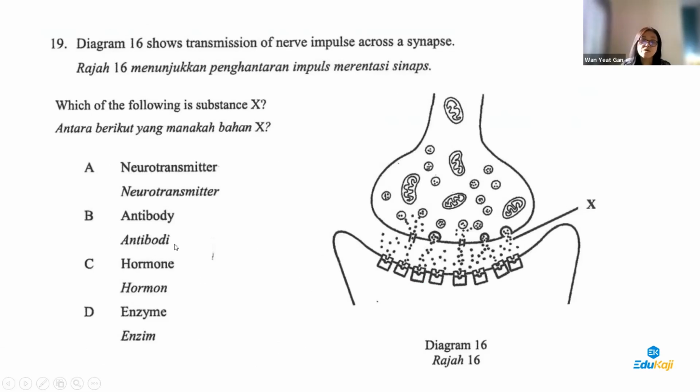Okay, 19. Which of the following is substance X? Now, X here is a neurotransmitter, which is secreted by the synaptic vesicle. Okay, so these are synaptic vesicles that have the neurotransmitter in them.